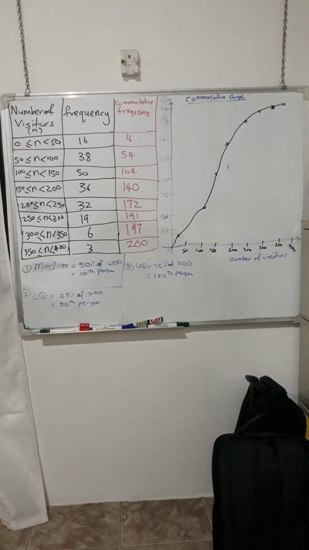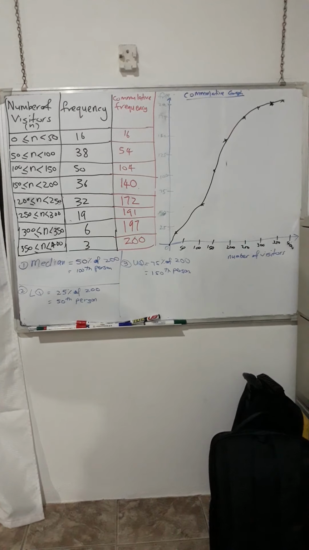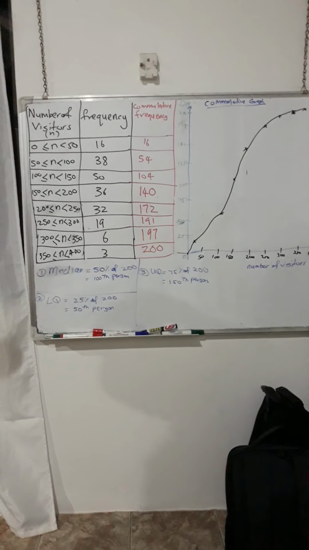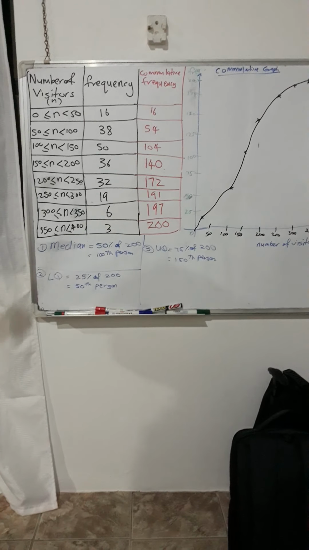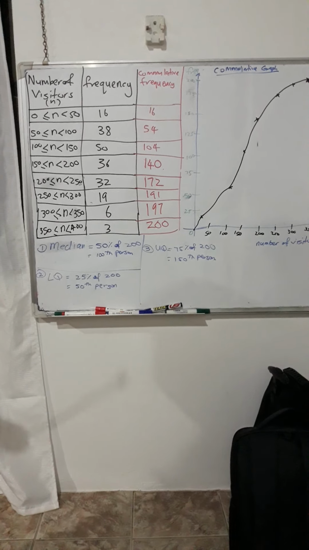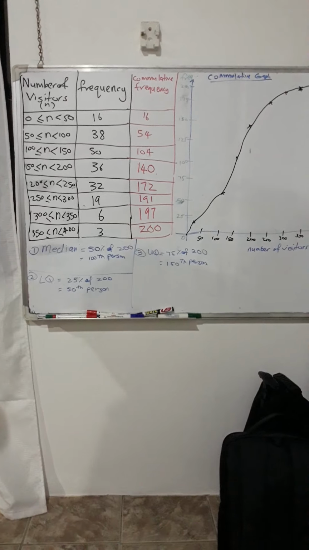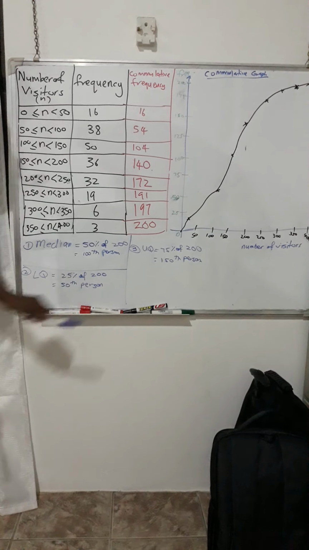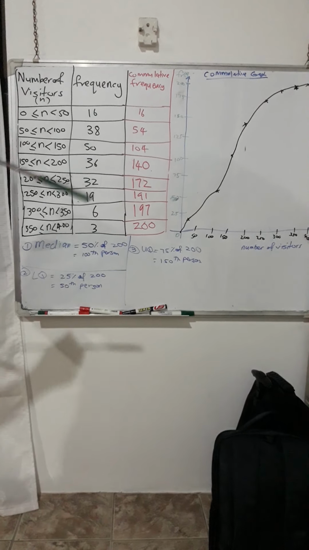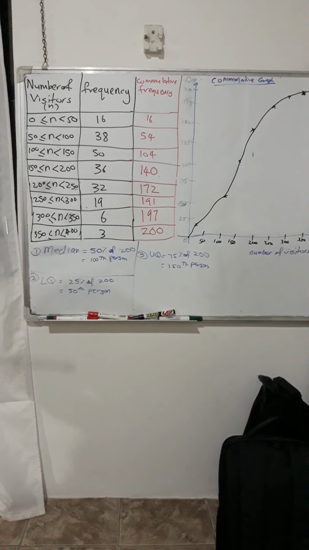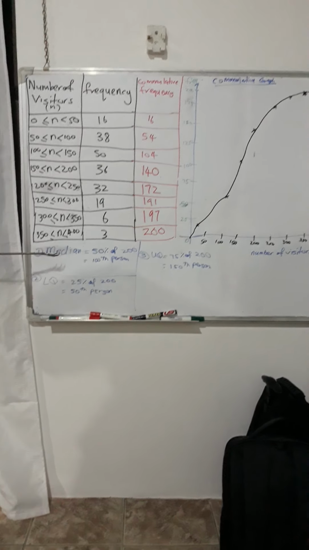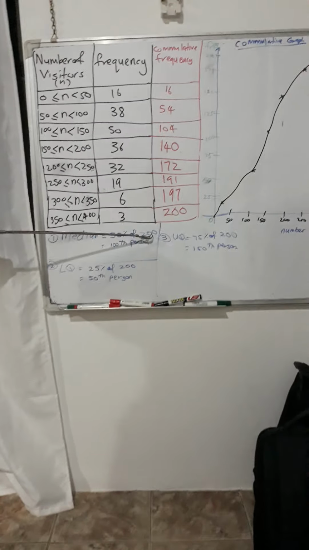Now, we can find our lower quartile, upper quartile, median, any percentile from the cumulative frequency graph. We can also use this to learn how to find the median, the upper quartile and the lower quartile using the cumulative frequency graph. Okay, let's first look at the median. Median, you know, is 50% of 200, the middle of 200, which is the 100%.